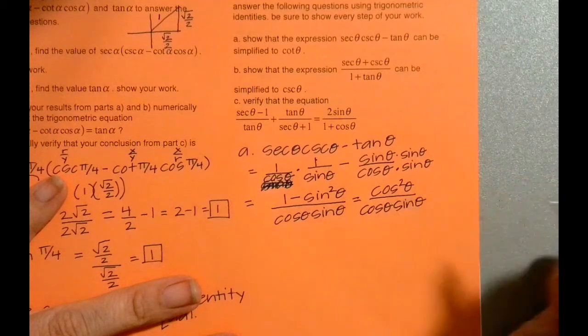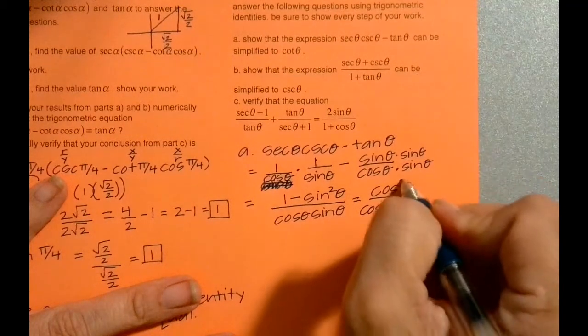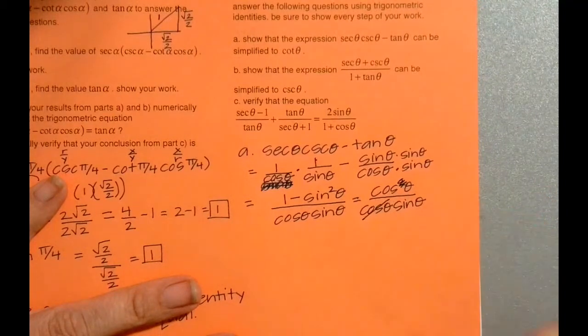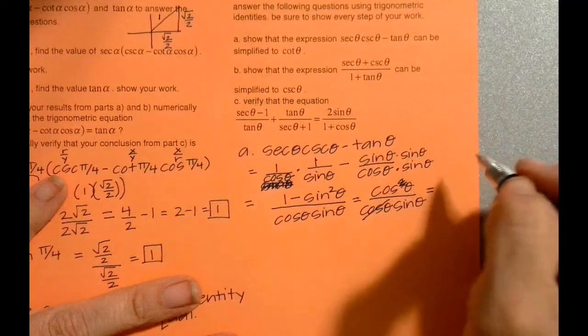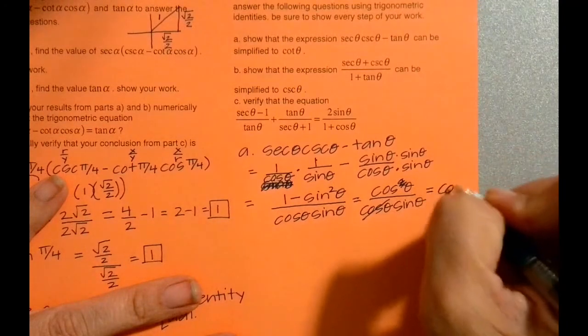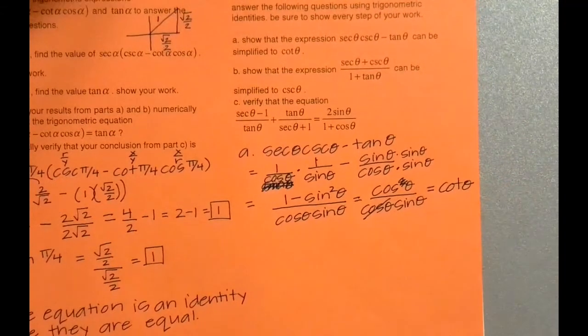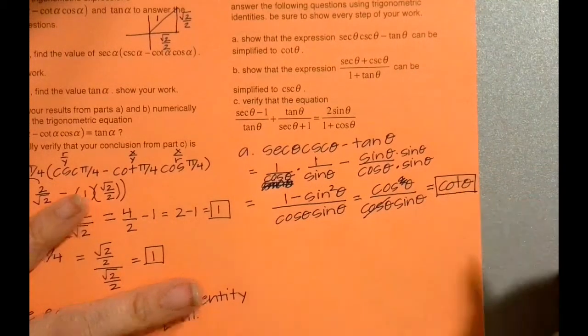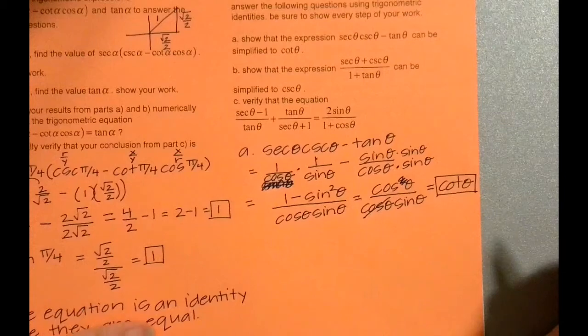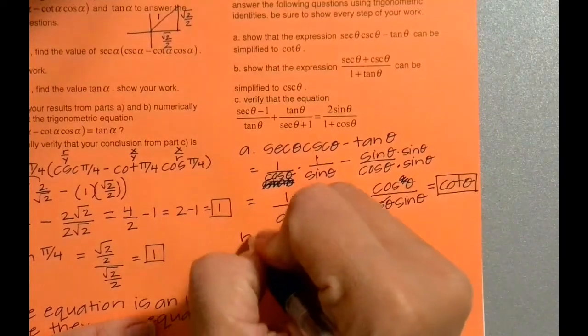So that's using the Pythagorean identity, and then that cancels with that. So I have cosine theta over sine theta, which is cotangent theta. So I have done what they asked me to do, which is to verify, not verify, which is to simplify it to cotangent theta.